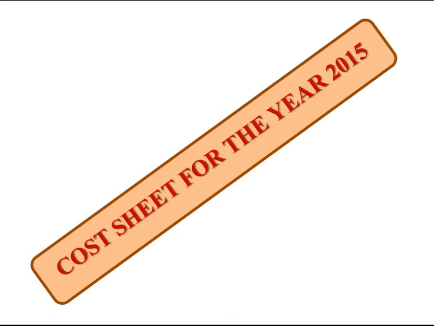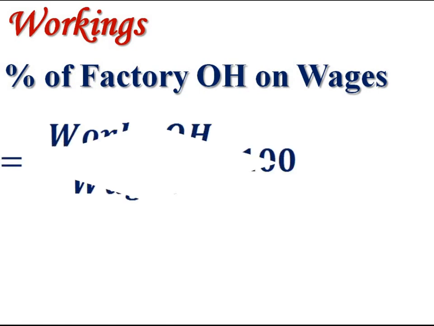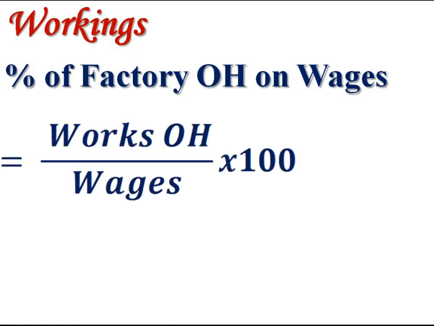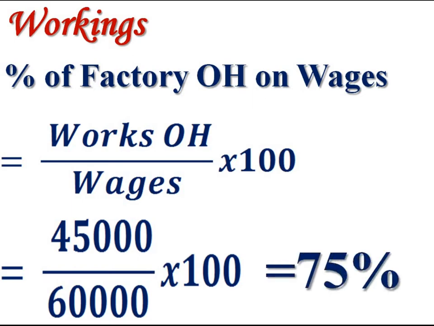Then prepare the estimated cost sheet for the year 2015. Find the proportion of factory overhead on wages. Factory overhead on wages is works overhead divided by wages into 100. Rupees 45,000 divided by rupees 60,000 into 100, 75%. It is the percentage of factory overhead on wages.